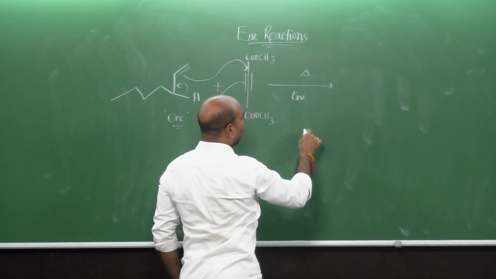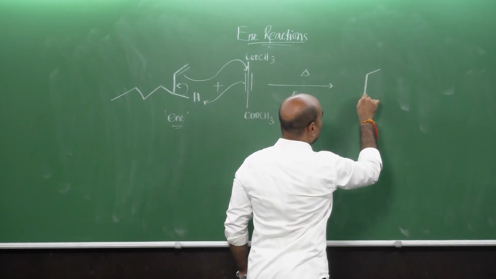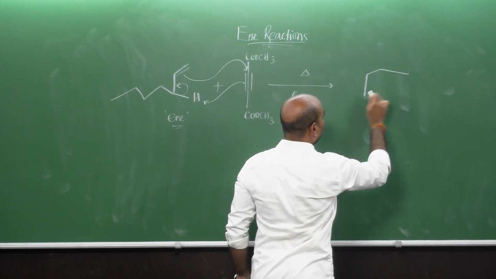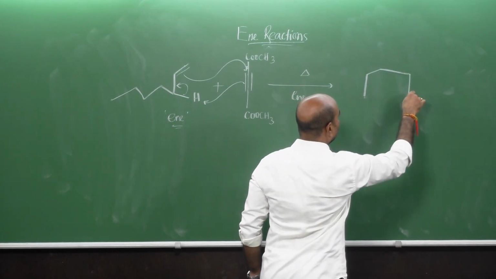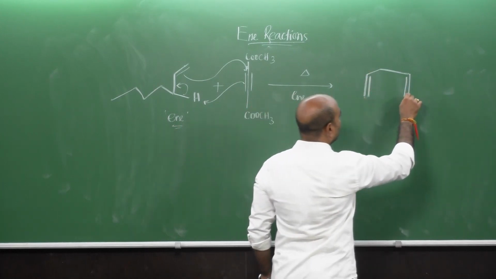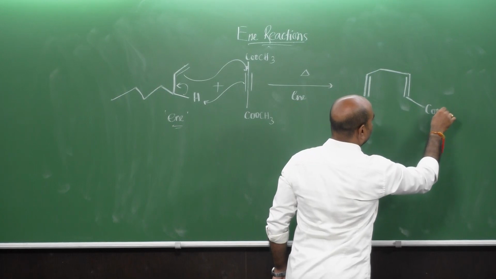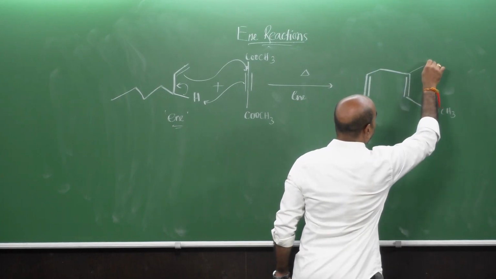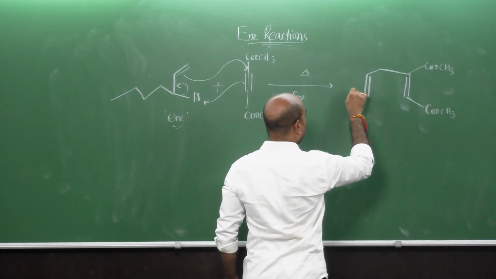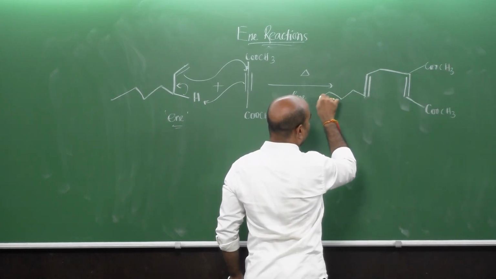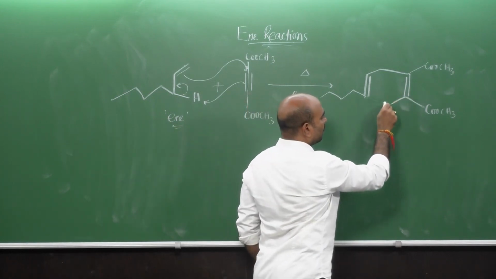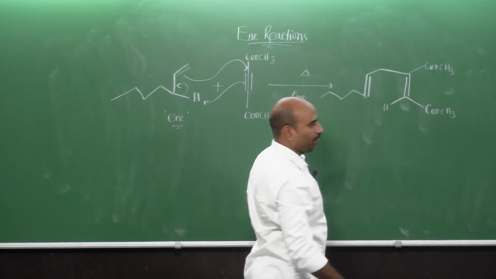This is an ene reaction and therefore, the reaction should be like a new sigma bond has formed here. This is the double bond, one more double bond will be seen here and then this is the COOCH3 and CH3. So, hydrogen is transferred over here.